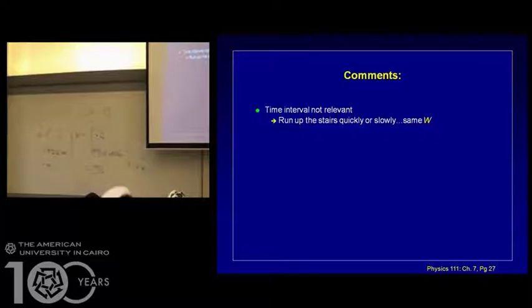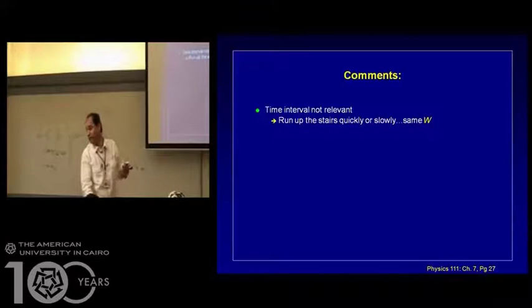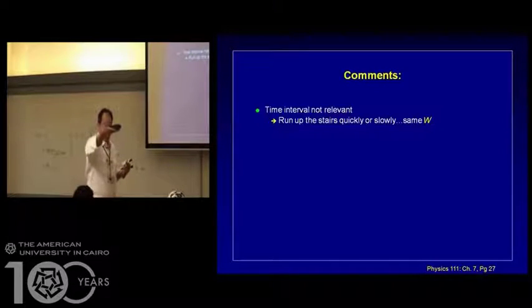So what happened now? Again, I move that up, so I do work on it. The work has been transformed into kinetic energy. Actually, to be more accurate, it's kinetic and potential as long as I move it up. Once I stop here, all that work has been transformed into potential energy.